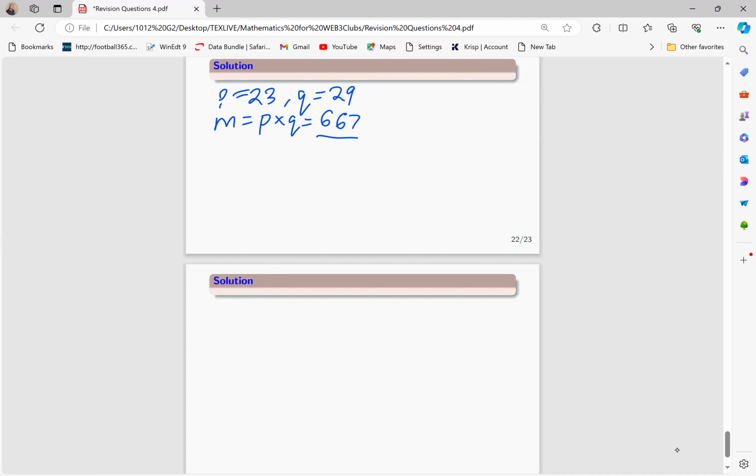And then when we want to calculate the phi of M, it's going to be 22 times 28, which is going to be 616. Now we want to get the other public key, which is E, and I'm the one who's going to be choosing it.